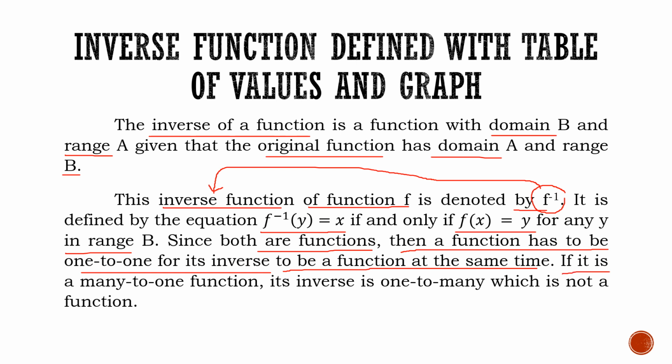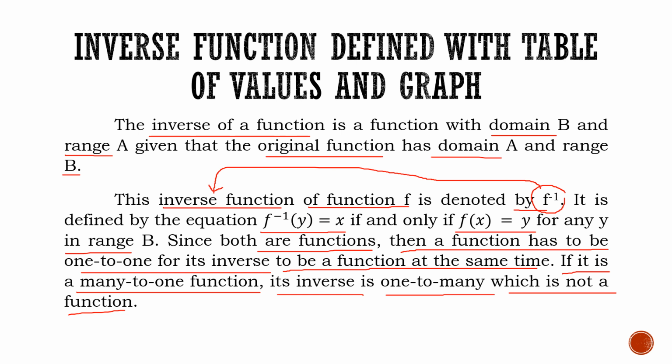If it is a many-to-one function, its inverse is one-to-many, which is not a function. That's why we really need to make sure that there is a one-to-one relationship between your domain and your range.